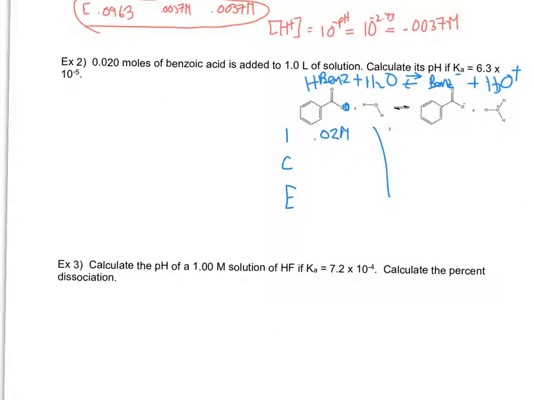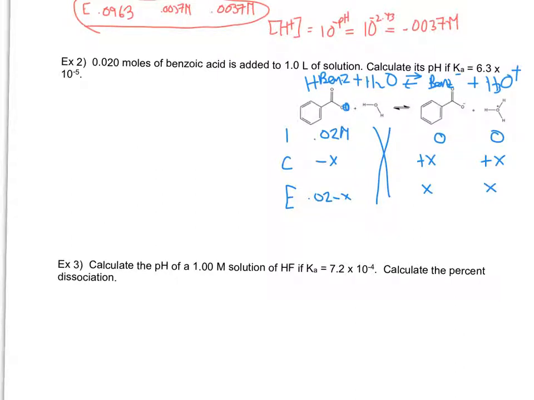I don't care about the water, it's a liquid. It's not part of my equilibrium. I start out with 0 and 0 for my products. The only other number I'm given is the Ka, so it looks like I need some x's there. So this is minus x, and plus x, since they're all 1-to-1. So 0.02 minus x, and x.